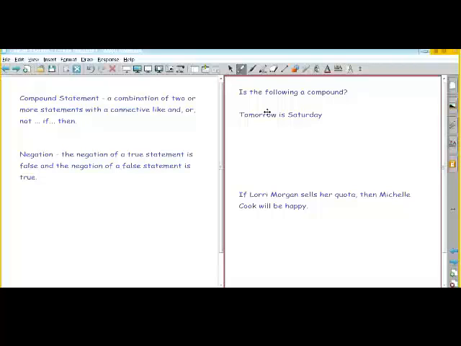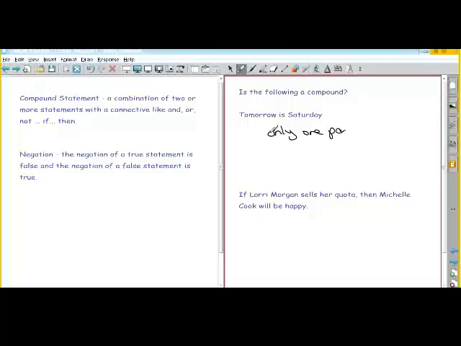That's interesting. I'm not sure if I agree with that or not, but we'll come back to it. Just putting a not there doesn't necessarily make it a compound statement. So anyway, because there is no connective and or if-then, the first statement is not a compound statement, just a single statement.